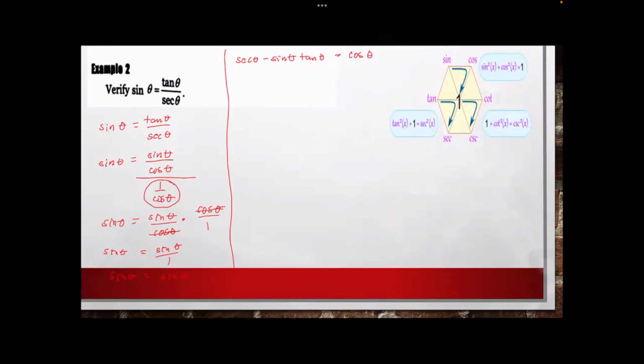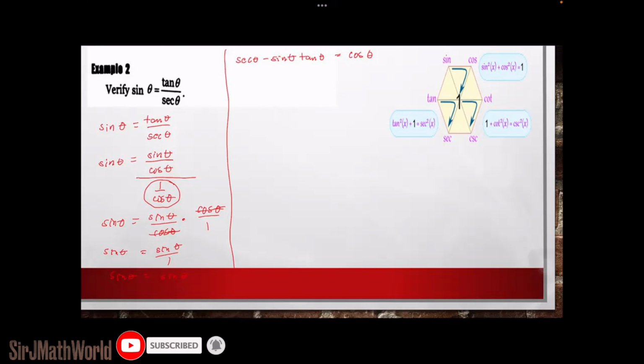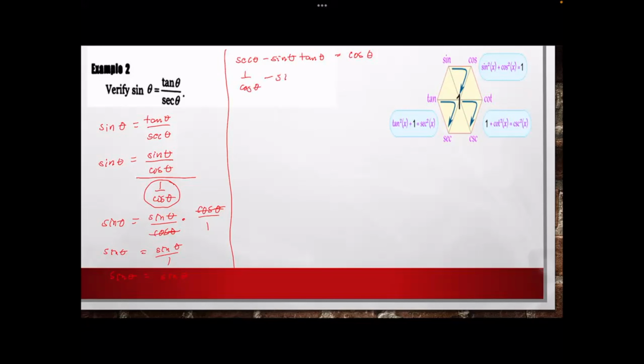Ang possible natin ipapalit kay secant ay 1 over cosine theta minus sine theta. No need to change. Yung tan natin is the sine theta over the cosine theta is equal to cosine theta.